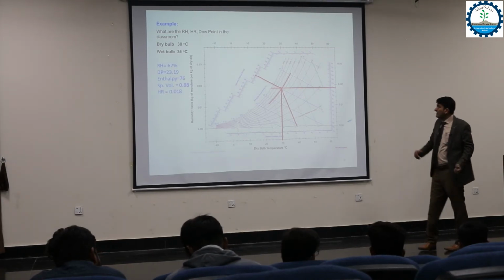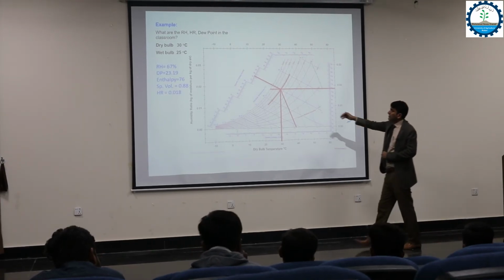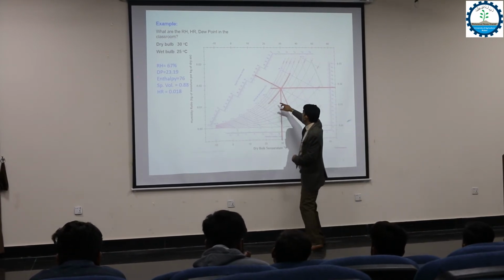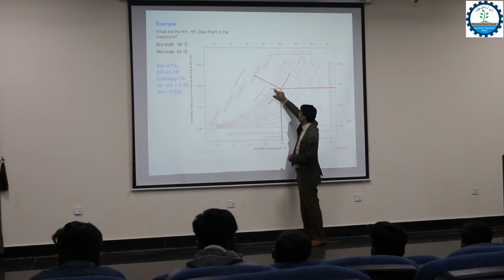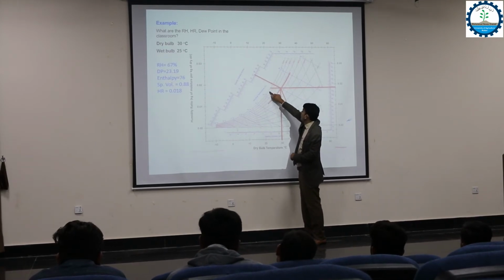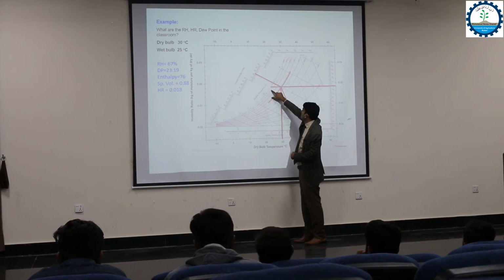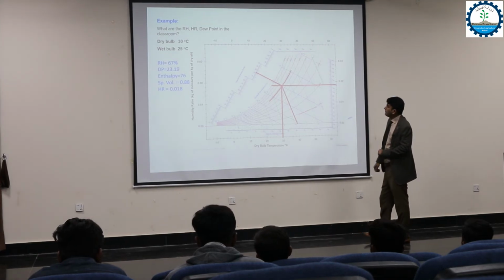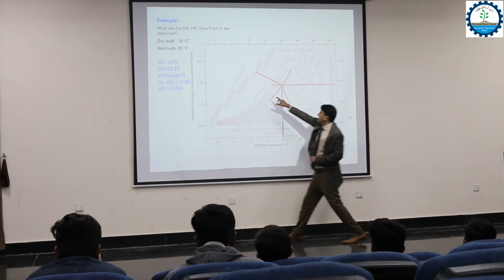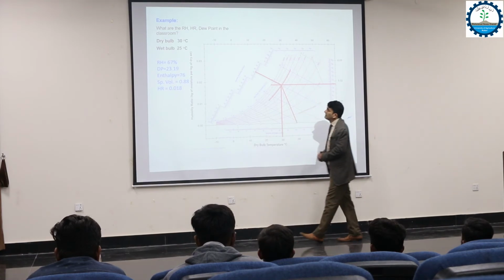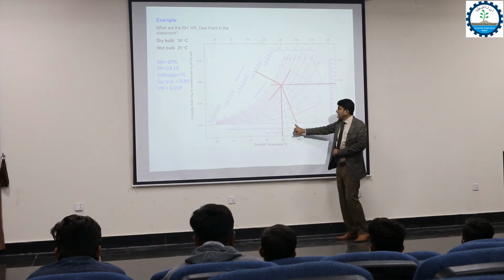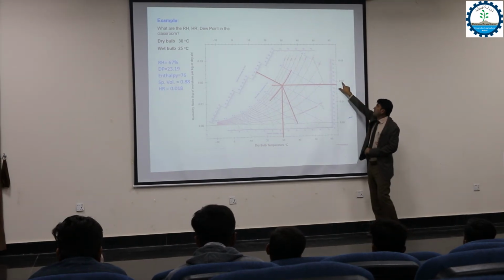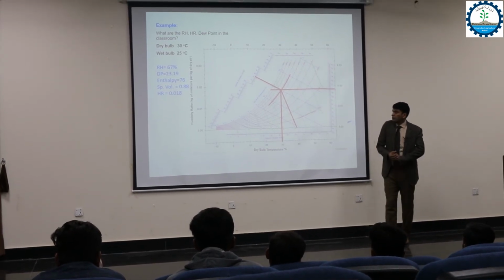Okay, so you can predict almost 67% relative humidity, dew point around 23, the enthalpy is around 76, almost 76, specific volume around 0.88, and humidity ratio is almost 0.02, so you can expect that it is 0.018.